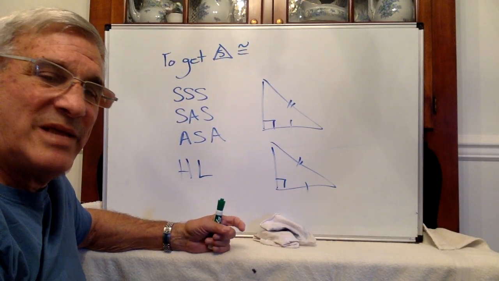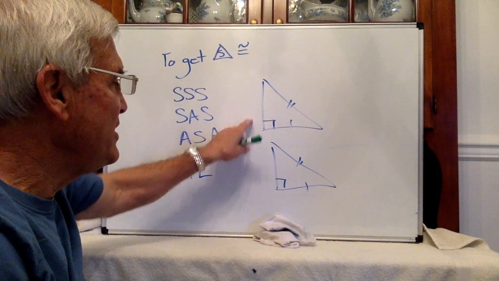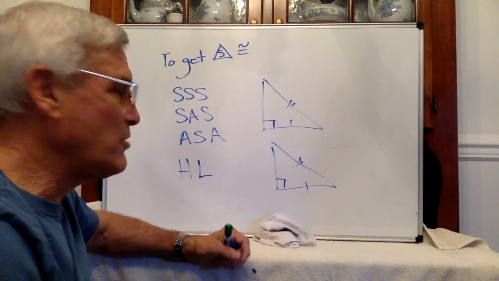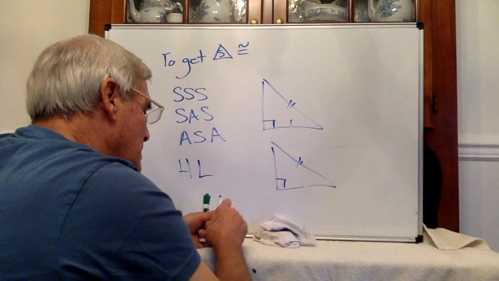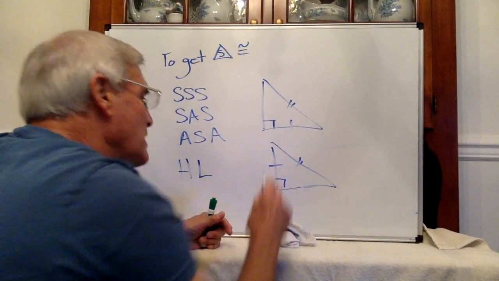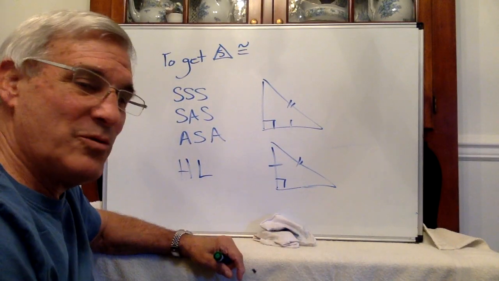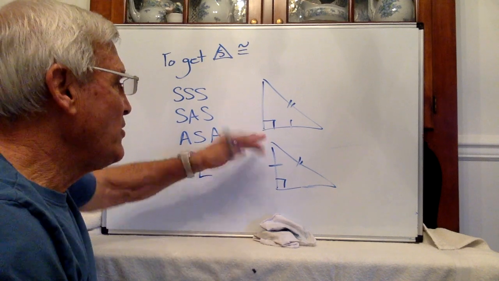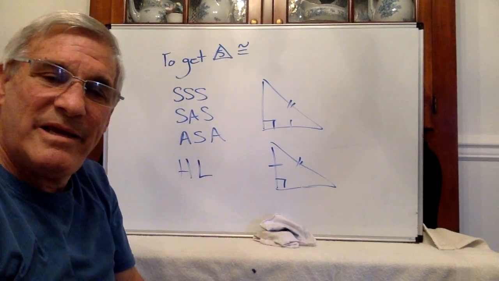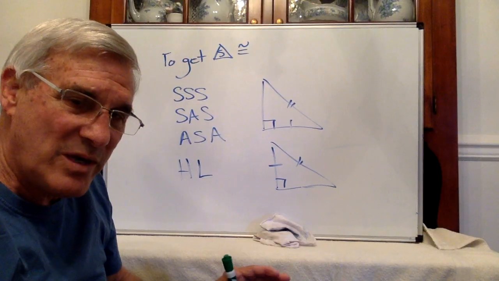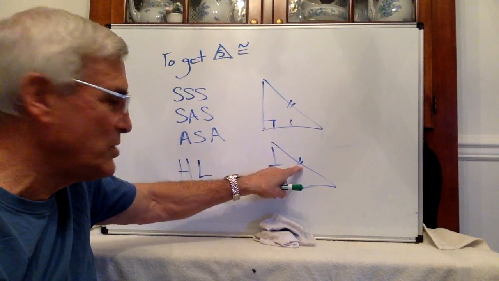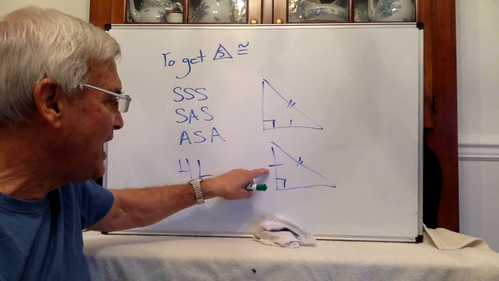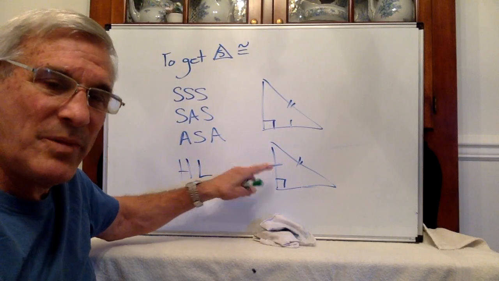Therefore, I can state deductively these 2 right triangles would be congruent by HL. They're still congruent by HL, even though they don't seem to be resting in the same relative position. That's irrelevant. I have a right triangle, hypotenuse congruent to hypotenuse, leg, and a leg. These are congruent by HL.